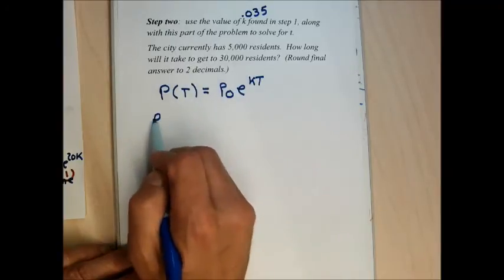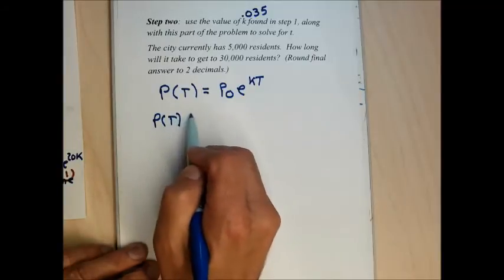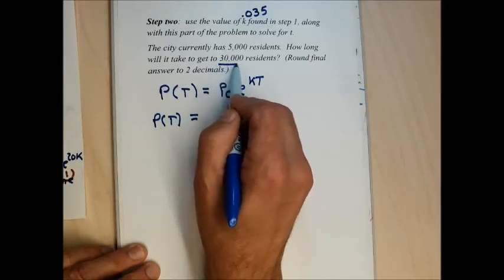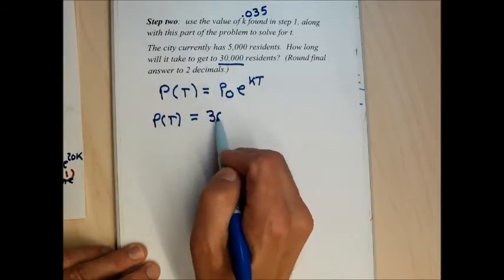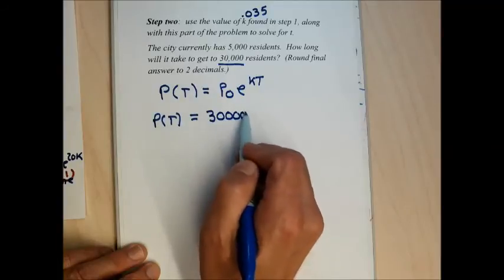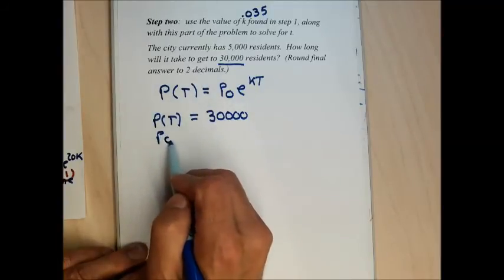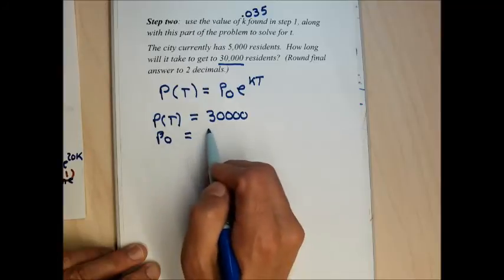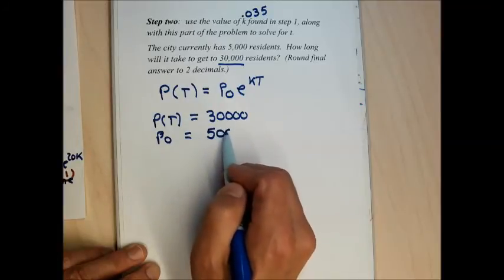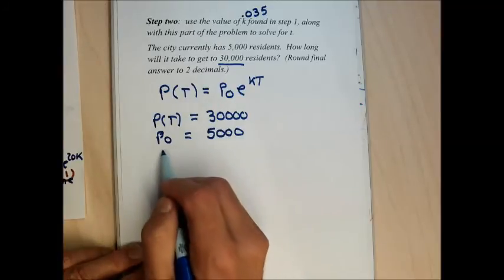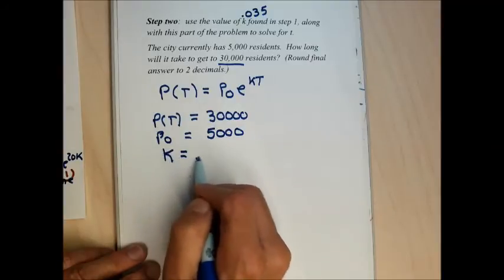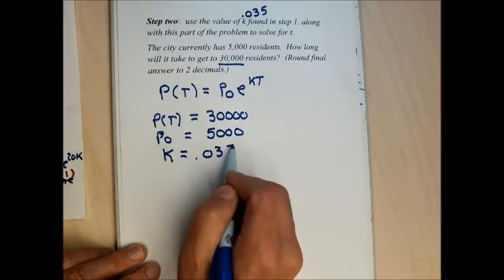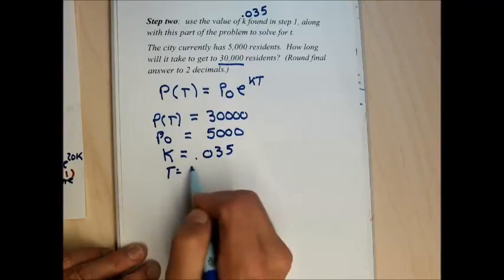The P of t is the future population, which is going to be 30,000 people. The P sub 0 is the starting population, which is 5,000. The k I just figured out on the last sheet as 0.035, and I'm solving for how many years.